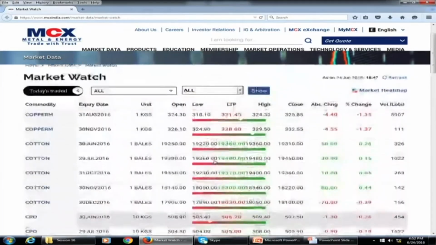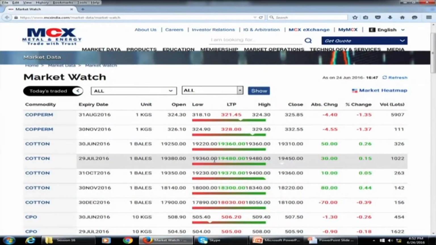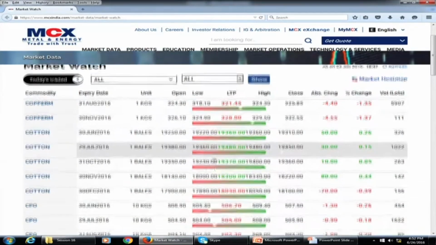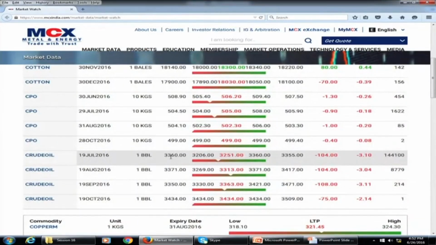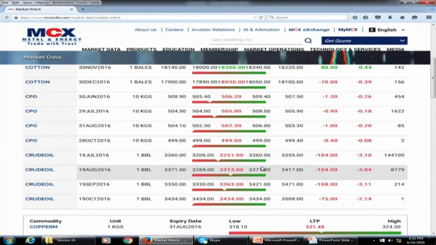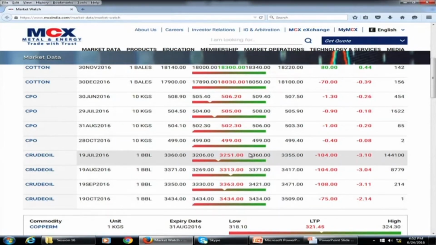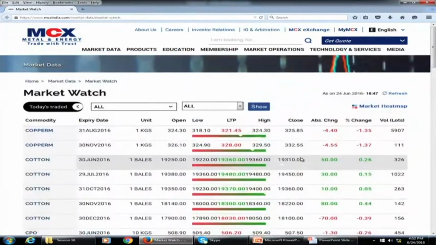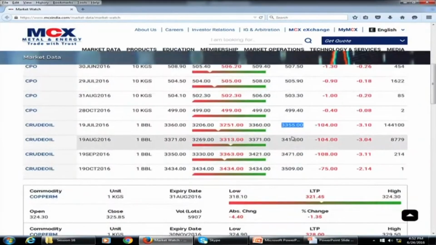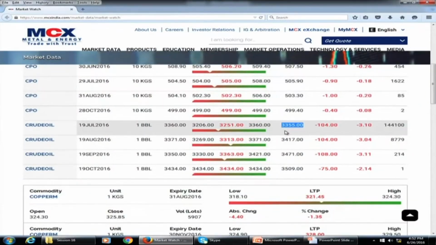This is your open, low, LTP and high, close. 3,360 is your open price for today, 3,206 is your low price, and 3,251 is the last traded price, and the highest price throughout the day is 3,360. So the open price is also the highest price, and this is your close price, that is yesterday's close price, the price at which this particular contract closed yesterday.